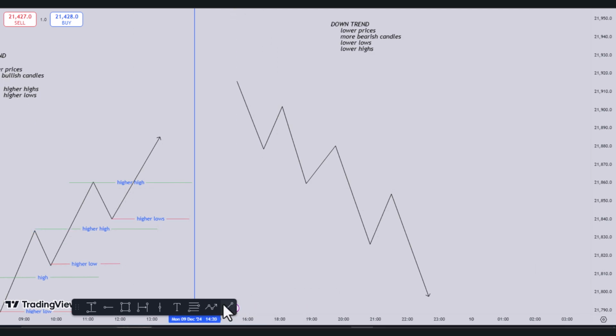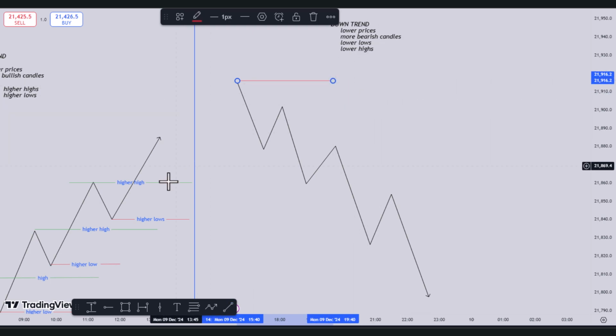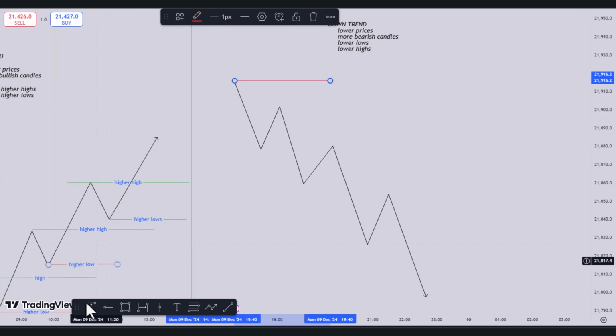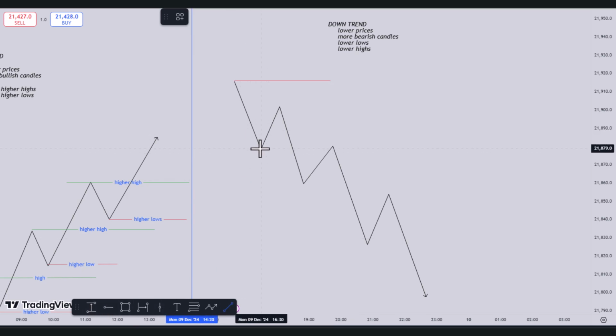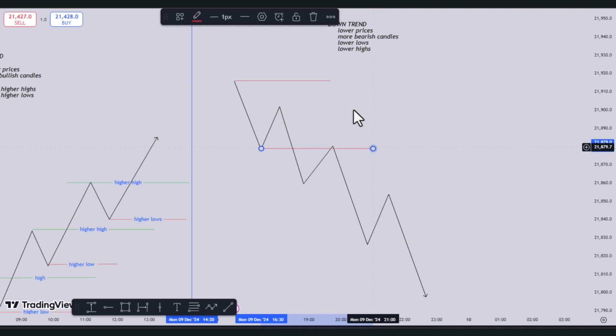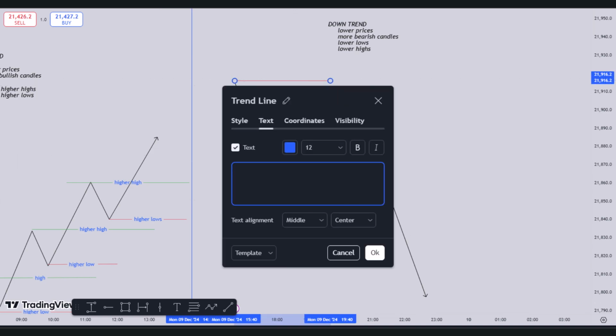Let me just create a template for more explanation here. So we have that high, market trades down to a region where it's fit to retrace, right there, creates that low. So this is our high, this is our low. Let's first name that. That's high.